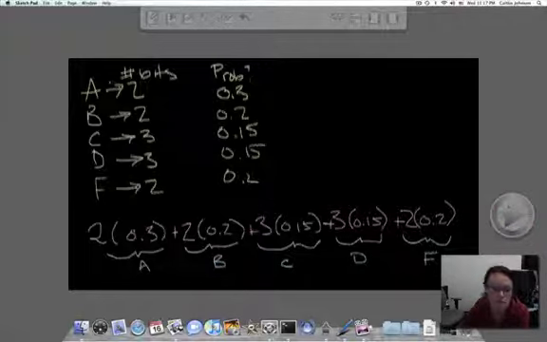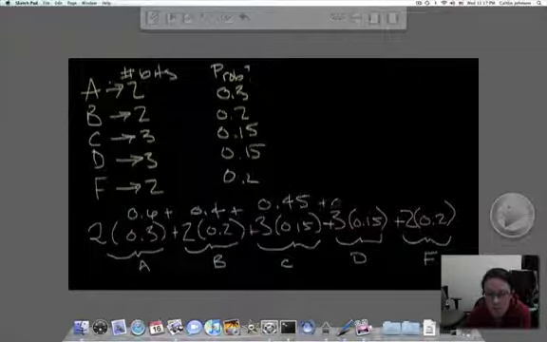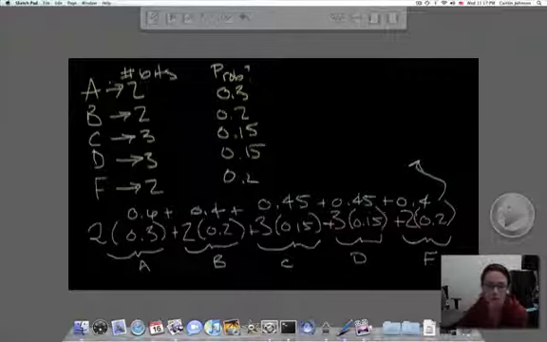This gives us 2 times 0.3, so this is 0.6 plus 0.4 plus 0.45 plus 0.45 plus 0.4, which gives us 0.4 plus 0.4 is 0.8, plus 0.6 is 1.4.